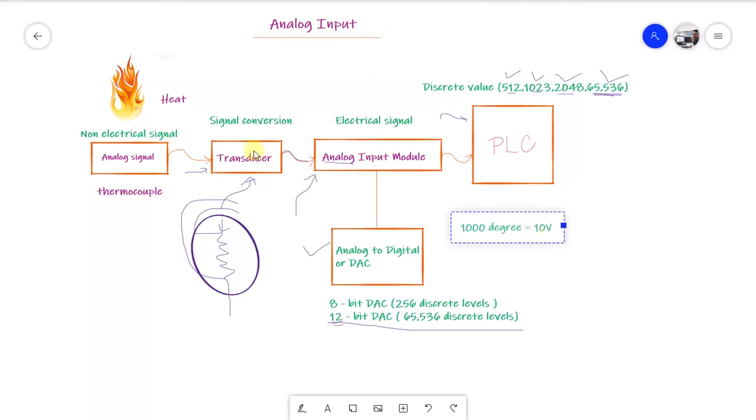If this converter is giving 0 to 10 volt, it will give you 10 volt, correct?